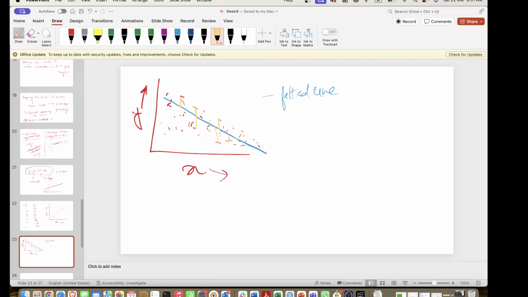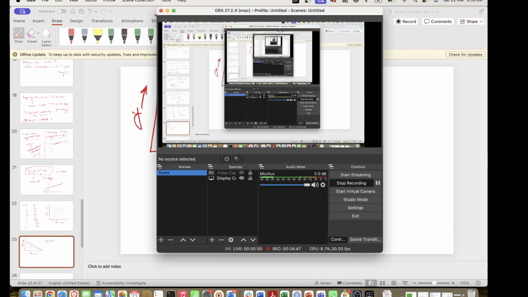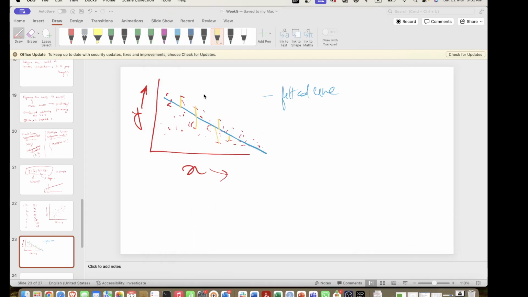Correct? So what I am essentially doing here is that had I been able to fit a line such that these vertical distances were as small as possible, then I would have had the perfect scenario.